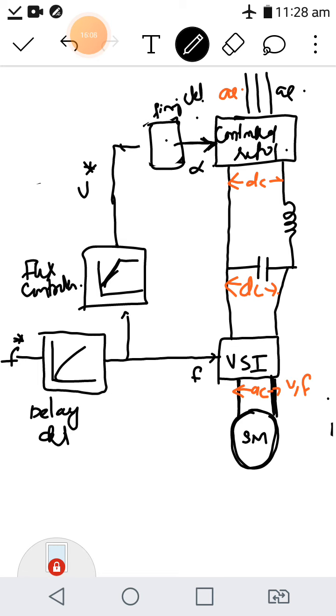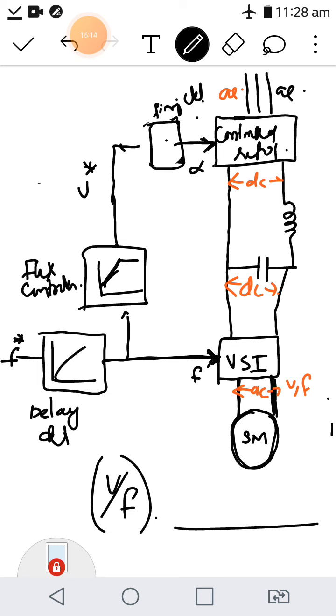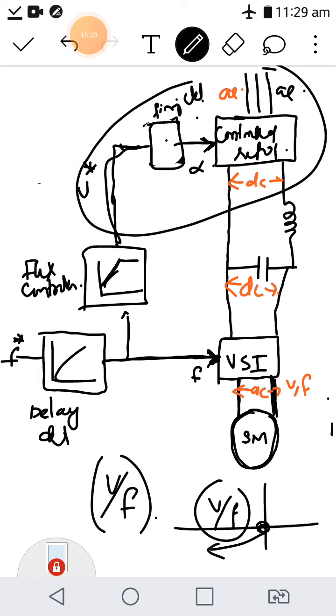So the operation is very simple. This is actually the V by F control. So frequency is controlled here. At the same time, if we are using below base speed operation, we have to control V also. So this is the block for that. V is also adjusted. And above base speed, you will be controlling only the frequency.